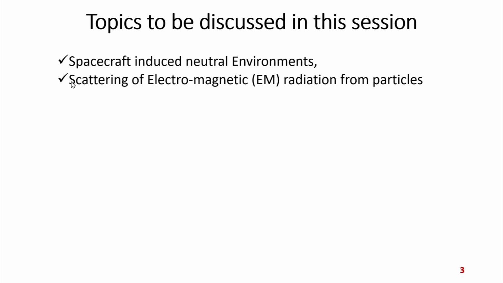Then we will discuss the scattering of electromagnetic radiation from the particles, and what happens to the various subsystems as a result of this scattering, which is not a desirable phenomenon. Then, though we have mentioned orbital debris a number of times, we will start a systematic discussion of it today and maybe continue in subsequent sessions.